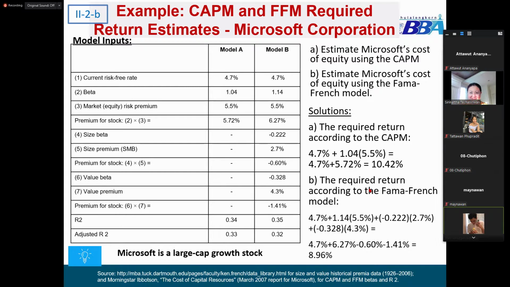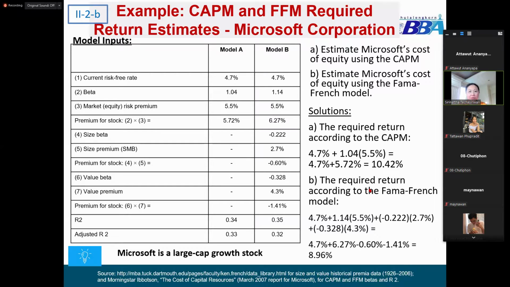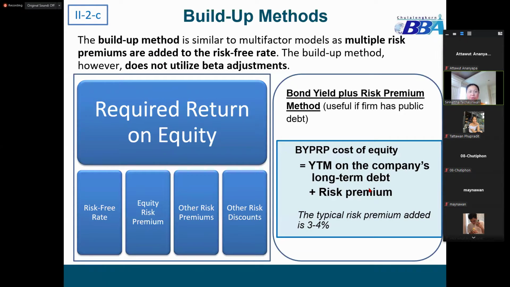Great, thank you. Okay, so now we finished Fama-French, right? And the next model to estimate the required return on a stock, the cost of equity, is the build-up model. So what is the build-up model?